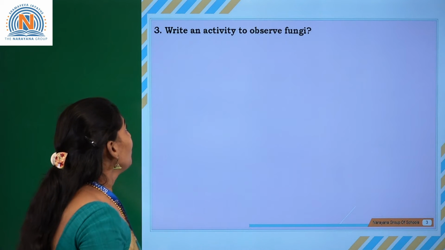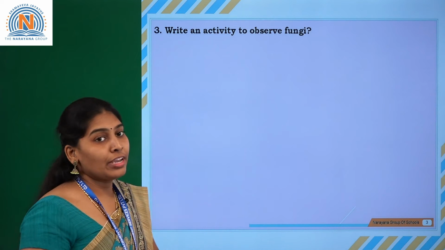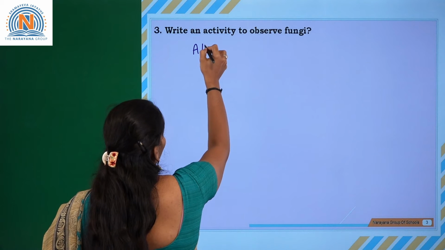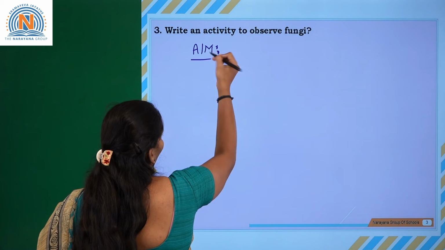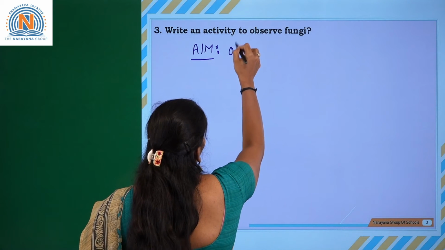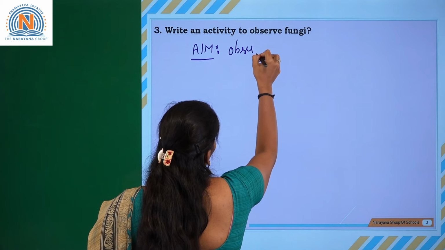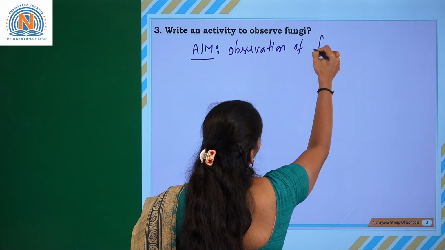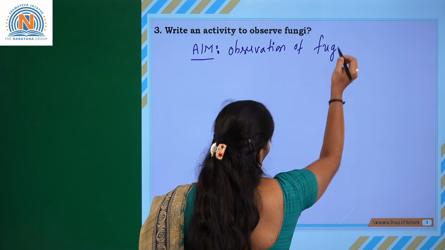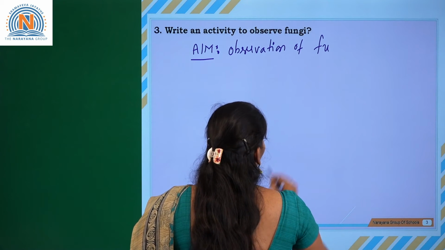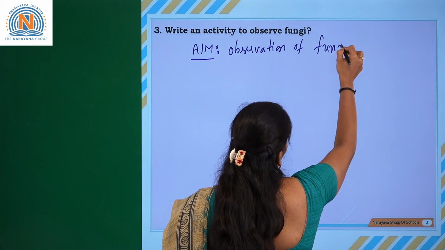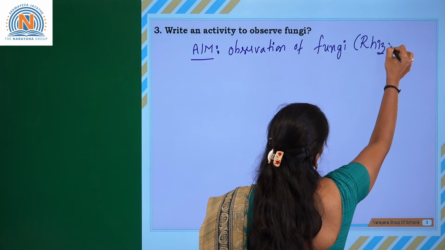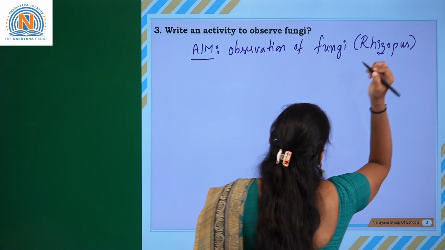The next question, write an activity to observe the fungi. So let us write the activity. The aim, observation of fungi. That is rhizopus we are going to observe. Okay.